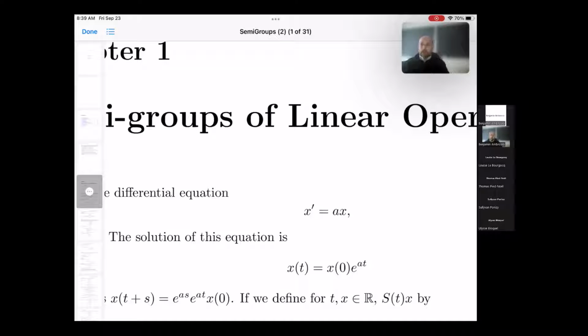And as you know, the solution of this equation is x of t equals x at time 0 times exponential of a times t.